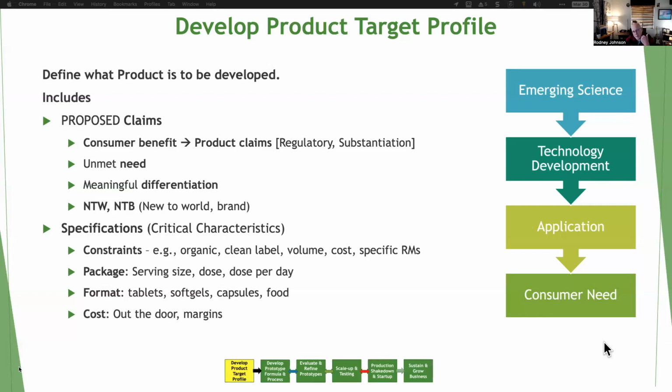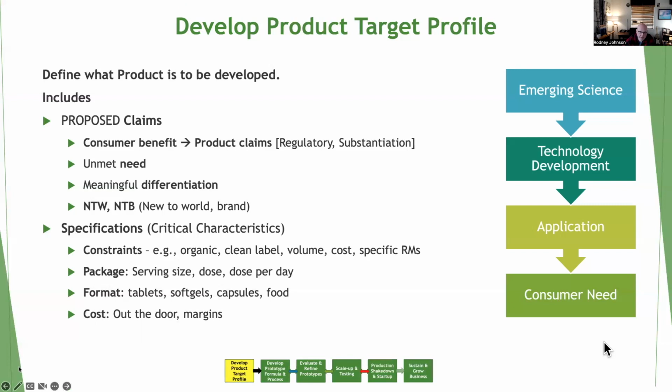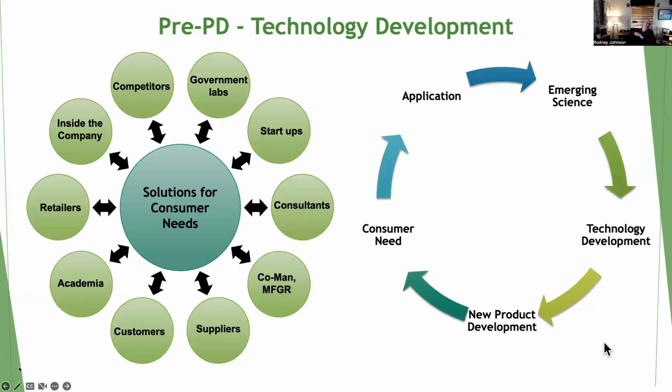But again, as part of the best practices, it's good to have some of the homework done at this early stage. In some cases that's done, in other cases it's not. But if you really look at the best practice, you look at the development before you get to product development. And so you're looking for solutions for consumers, and you have to scour the market to see what's out there.